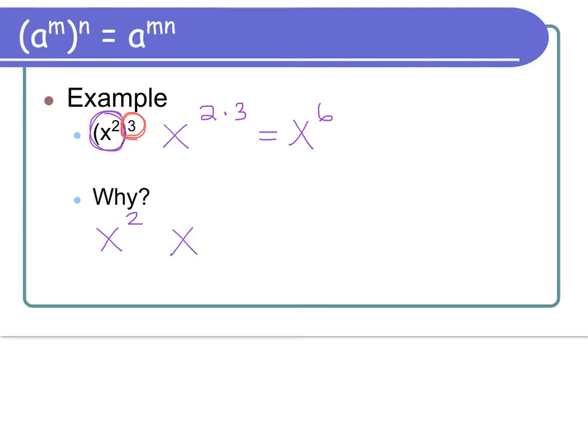So we have x squared times x squared times x squared, and each x squared is an x times an x, and so all of those put together, that is x to the 6th. Multiplying the exponents is a shortcut for this.